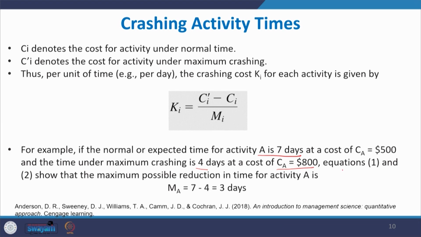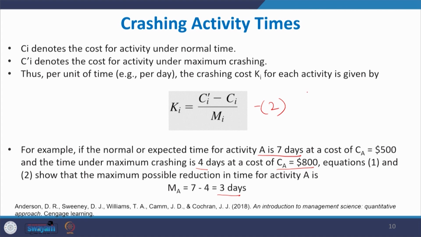So, from equation 1 and 2, the maximum possible reduction in time for activity A is 7 minus 4 days.